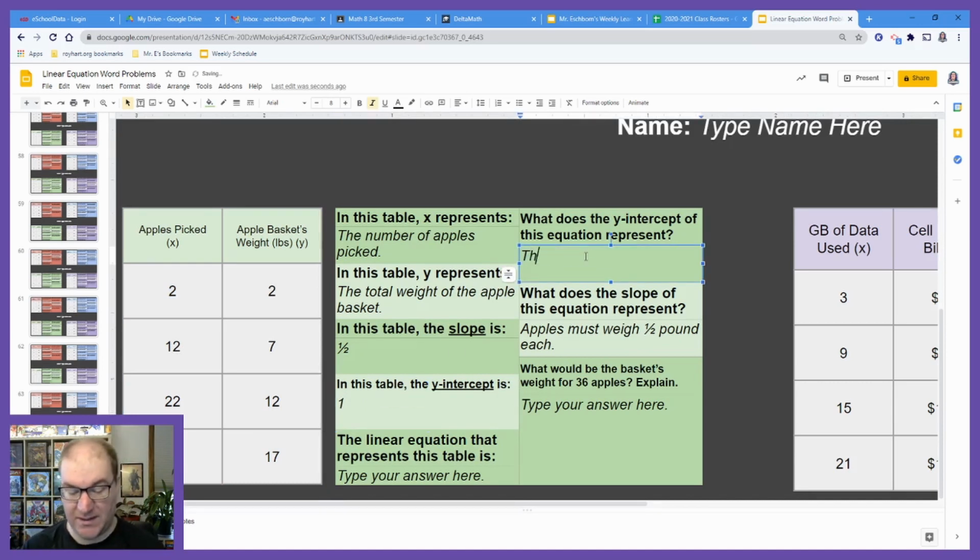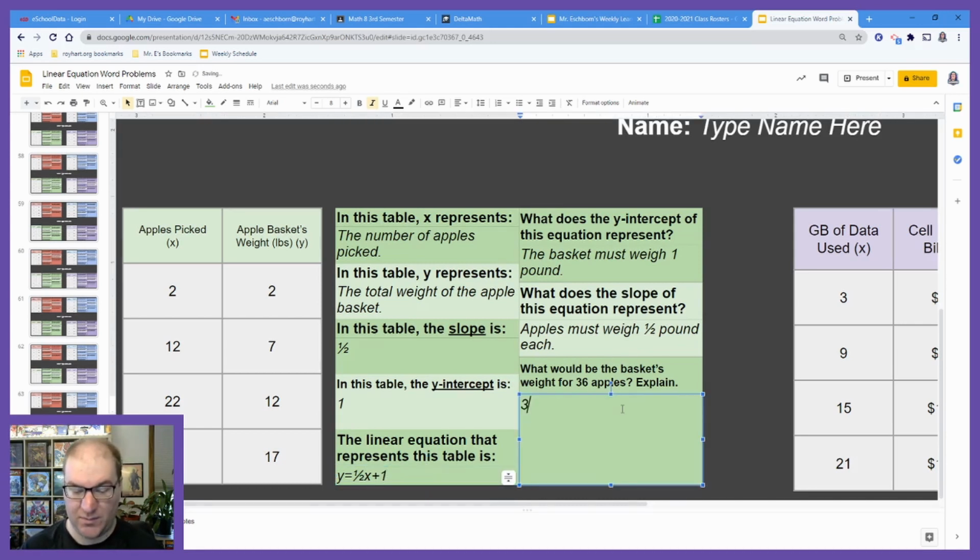And what does that mean in this problem? That means that the basket, there's a weight when there's no apples. The basket must weigh 1 pound. It's a pretty heavy basket. And then the equation for this situation is y equals 1/2 x plus 1. That means if you want to know how much the basket weighs, you're going to cut the number of apples in half to get the weight of the apples, and then add 1 for the basket.